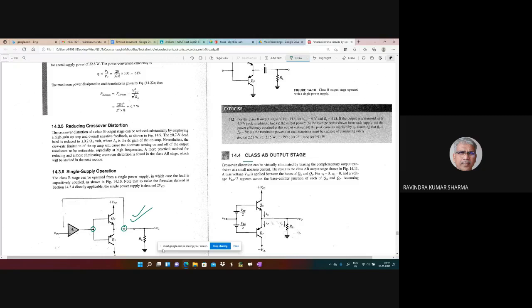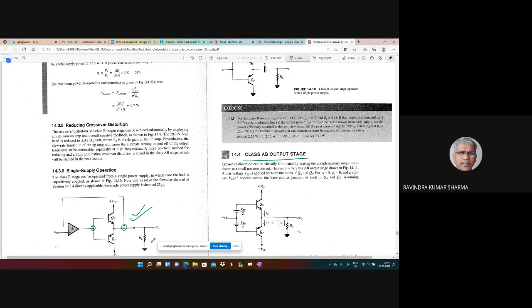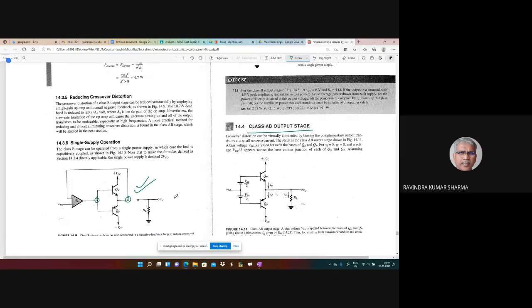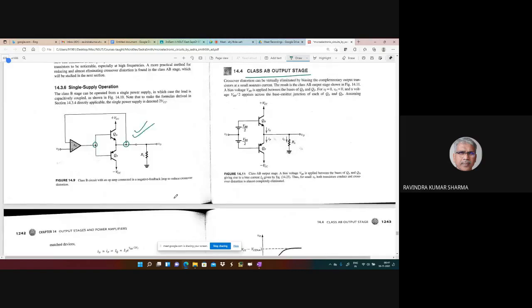In class AB amplifier, what happens? We modify the input of the push-pull. By the way, this arrangement is called the push-pull arrangement.